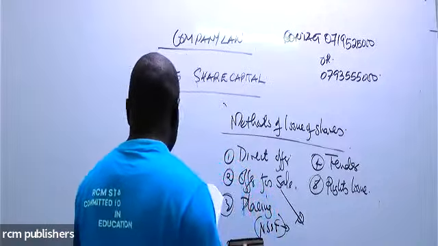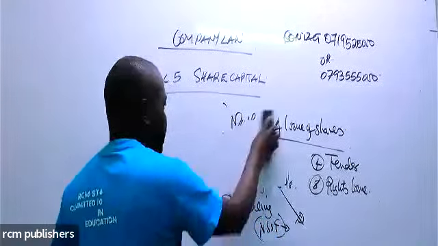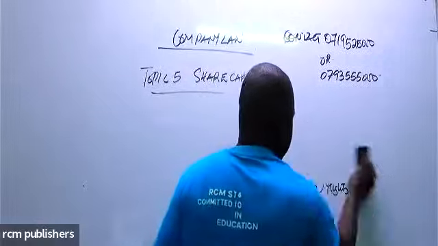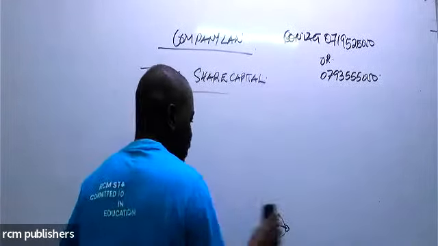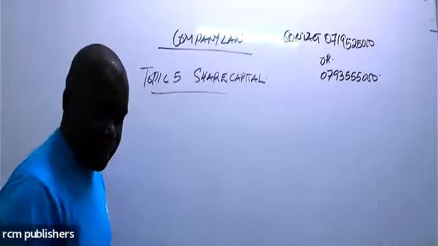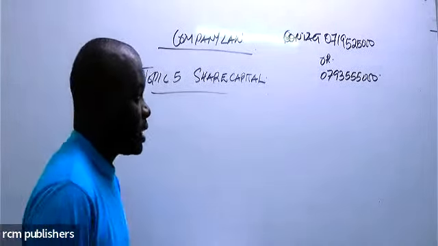So let us look at class shares and the variation of class rights. How does variation of class rights actually happen?